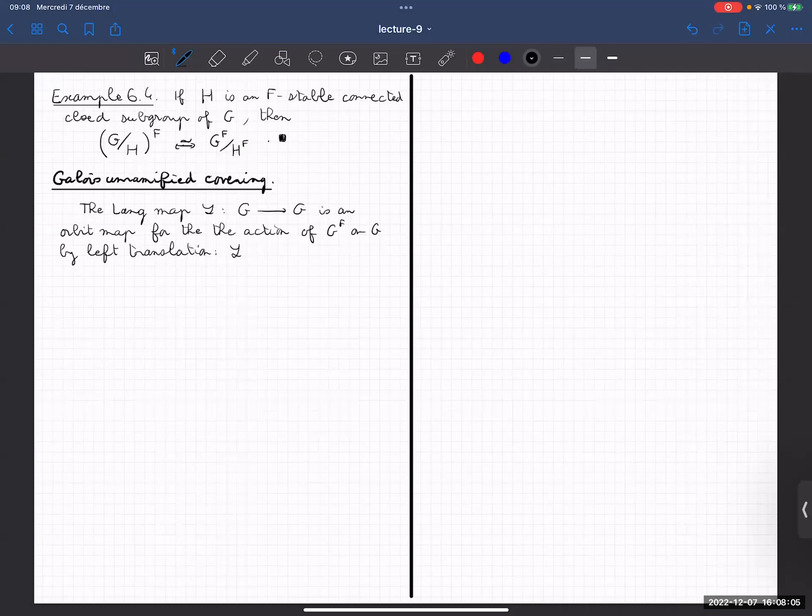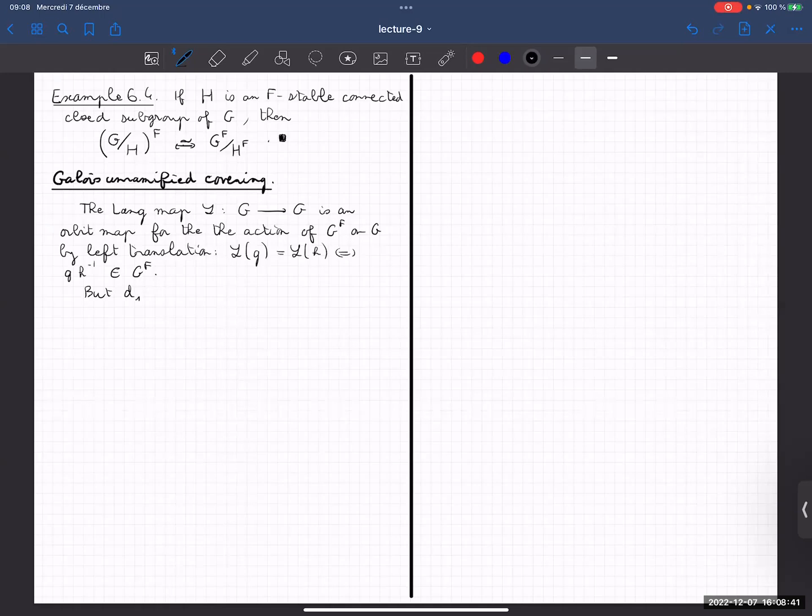Indeed, L(g) equal L(h) is equivalent to say that g^-1 F(g) = h^-1 F(h), so g h^-1 belongs to G^F. Okay, so this is an orbit map.